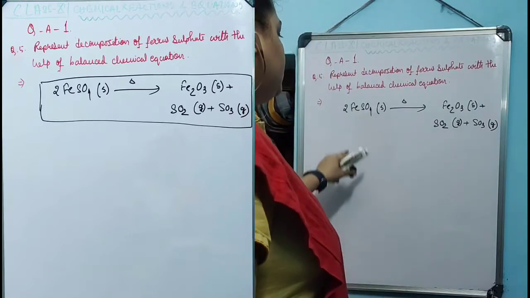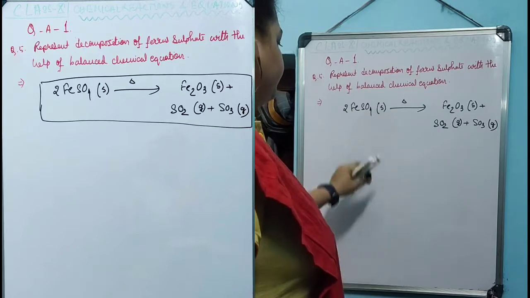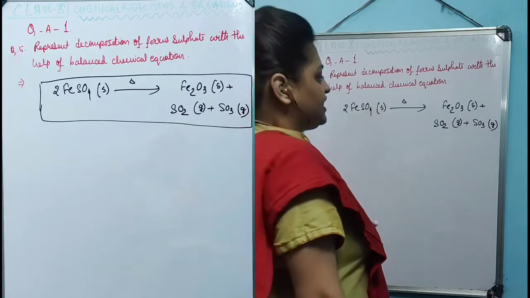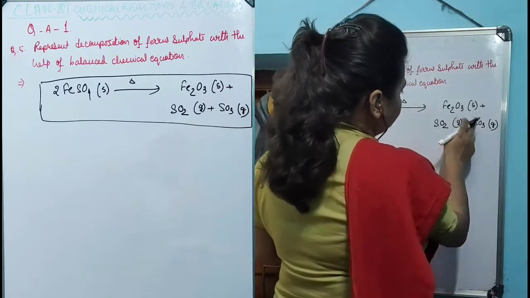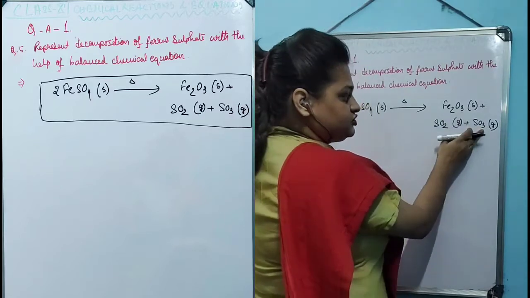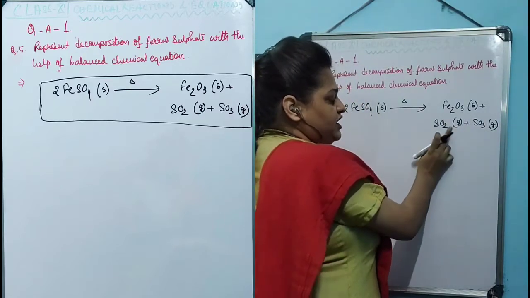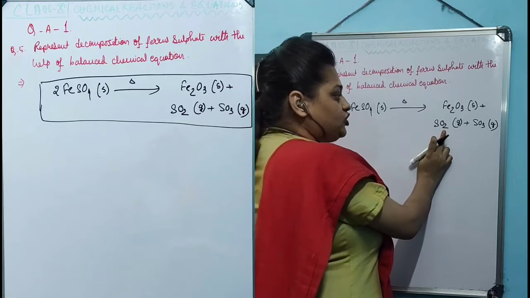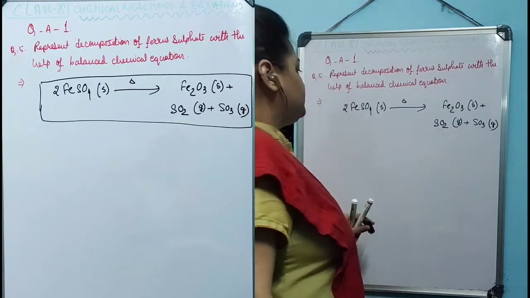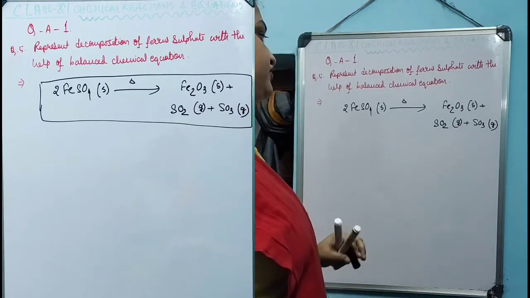Oxygen: 8 oxygen is present on the left hand side, whereas on the right hand side 3 oxygen, total 6 oxygen, plus 2 oxygen is 8 oxygen. Sulfur: on the left hand side, 2 sulfur atoms are present.